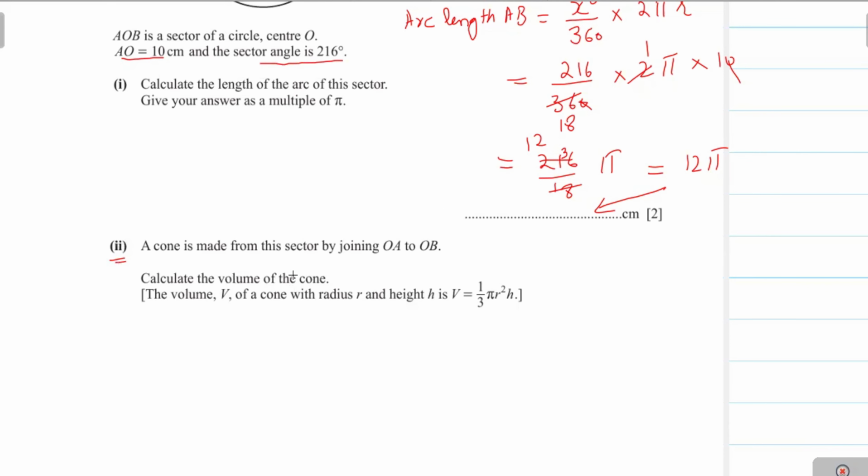Second part of B, a cone is made from this sector by joining OA to OB. Calculate the volume of the cone. Before calculating the volume of the cone, firstly we have to find the radius and the height of the cone. You see here, this cone is made from the sector above. Therefore, the base circumference of the cone is equal to 12 pi.